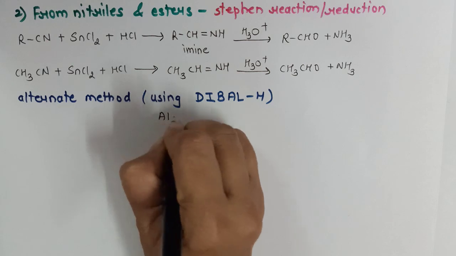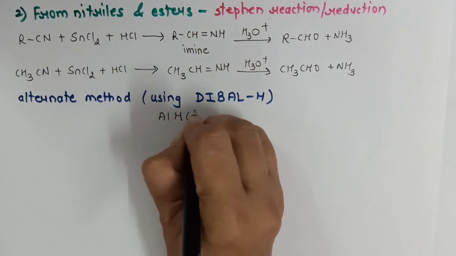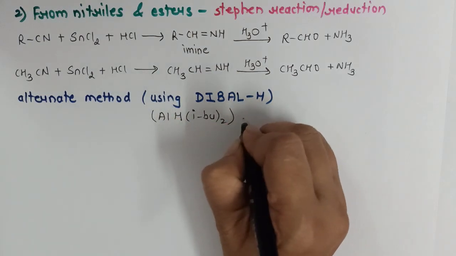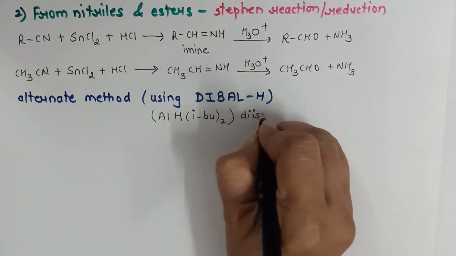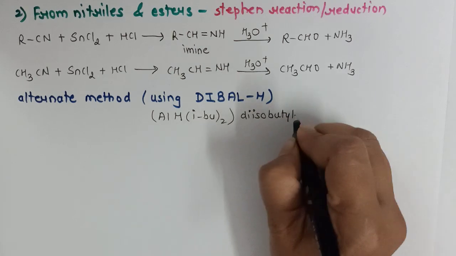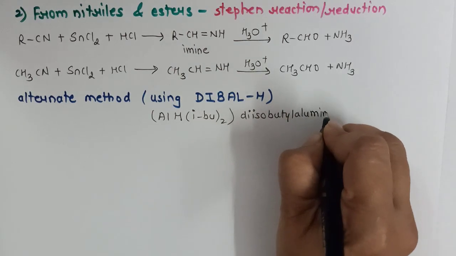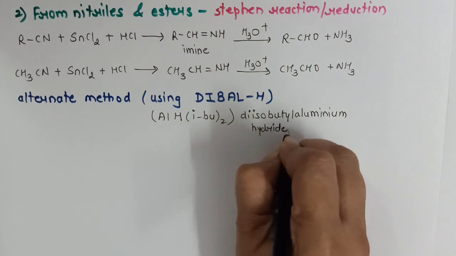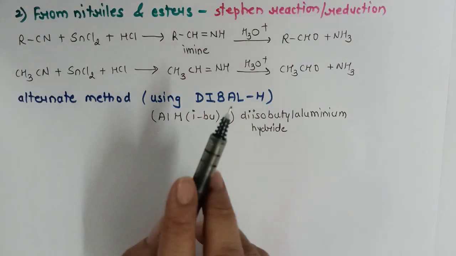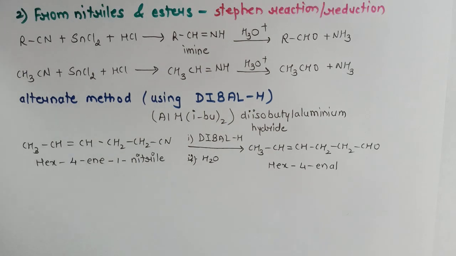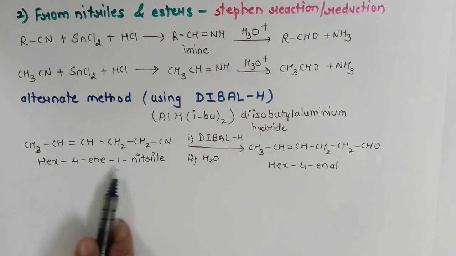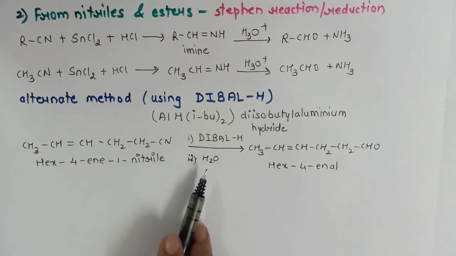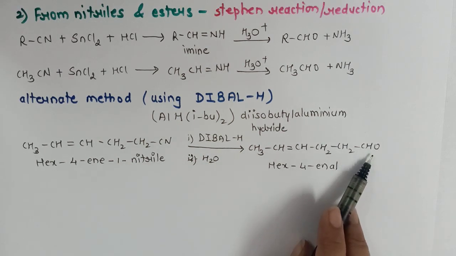Its formula is AlH(iBu)2, diisobutyl aluminum hydride, and it can be used to convert cyanide to aldehyde. The example is when hex-4-ene-1-nitrile is treated with DIBAL-H followed by hydrolysis, it gives us aldehyde.